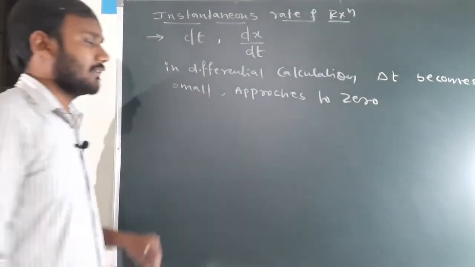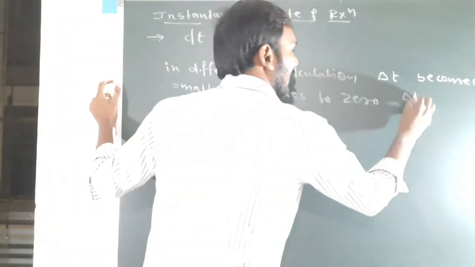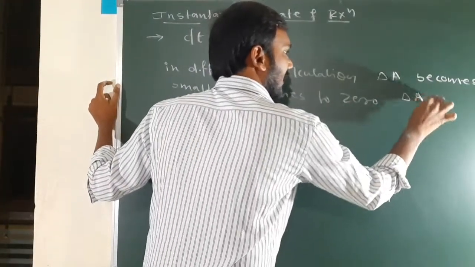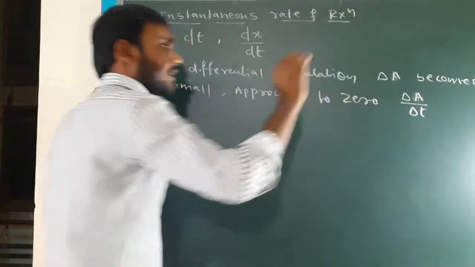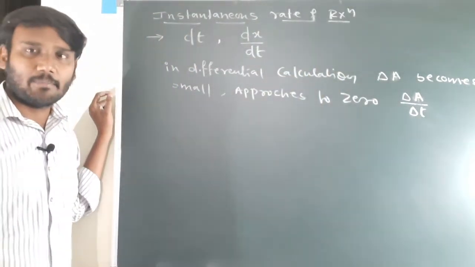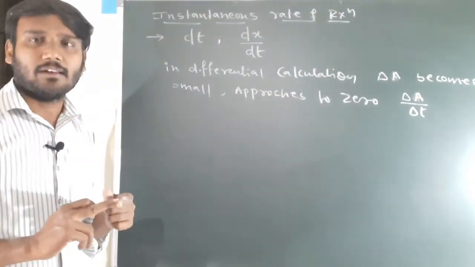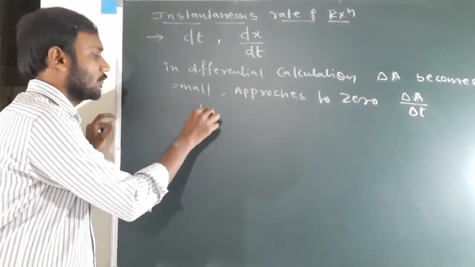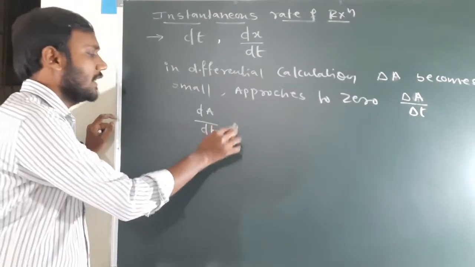The ratio between delta A and delta t can be represented by the derivative dA by dt.